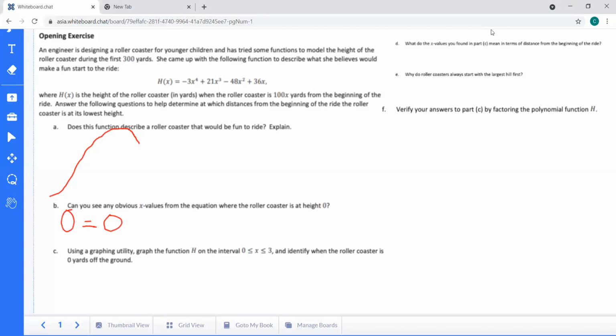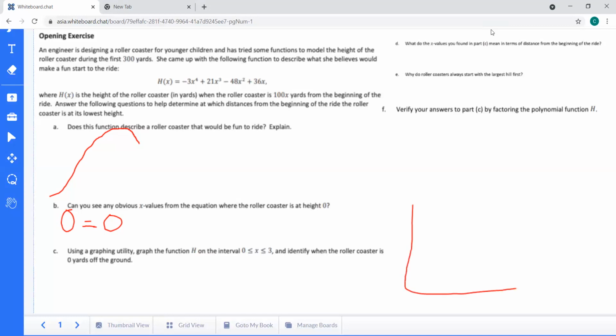Now it says, using a graphing utility, graph the function h on the interval 0 to 3. Why are we only doing 0 to 3? Because remember, x is 100x yards, so that would be up to 300 yards, like the question was asking for. If we do that, you're going to end up getting something that looks like this.